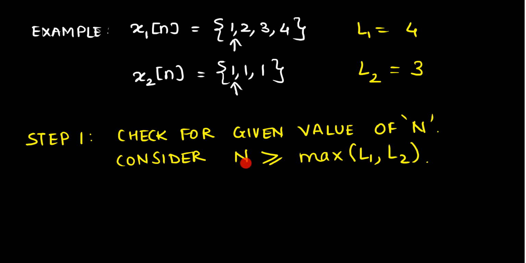So the value of N should be considered at least equal to the maximum value of the length of the signals. So this has to be done when the value of N is not given to us.